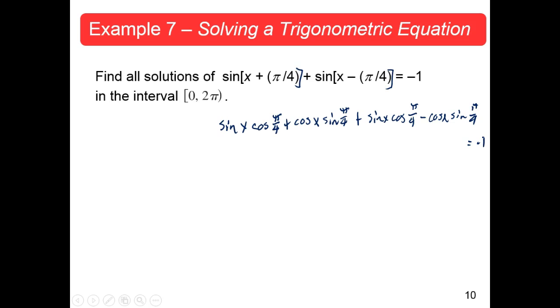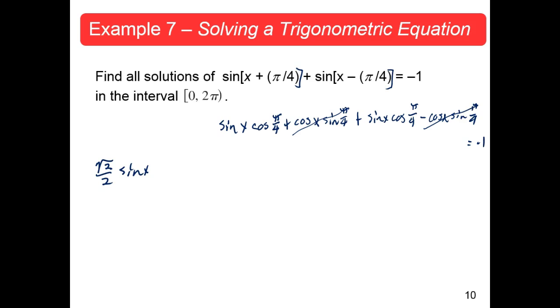We want all the solutions on the interval 0 to 2 pi that make that true. Well, let's fill in what we know. Okay, what is cosine of pi fourths? Root 2 over 2 times sine x. And before we get too far carried away here, let's step back. Here's a cosine x sine pi fourths, and there's a minus cosine x sine pi fourths, right?